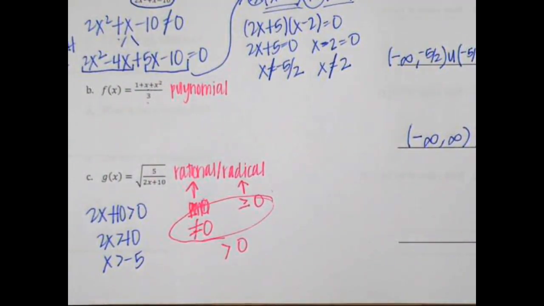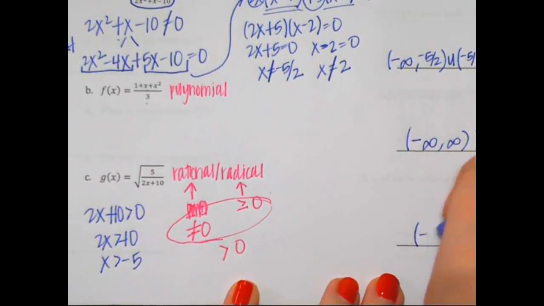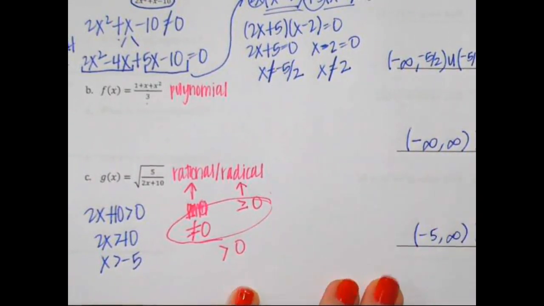Now, if we write that in interval notation, because it's not or equal to, it's parentheses, negative 5 to infinity. If it was just a radical, it would be a bracket. Remember, bracket is equal to, parentheses is when it's not equal to.